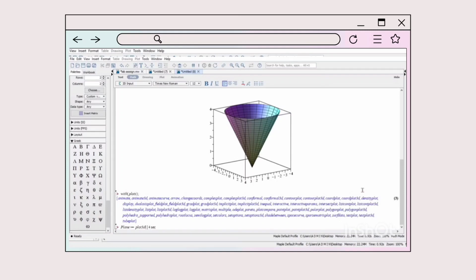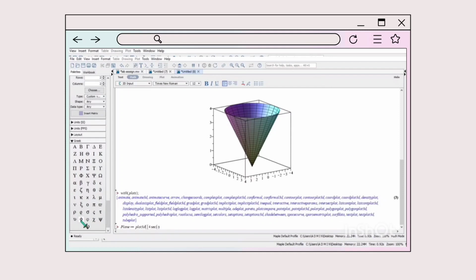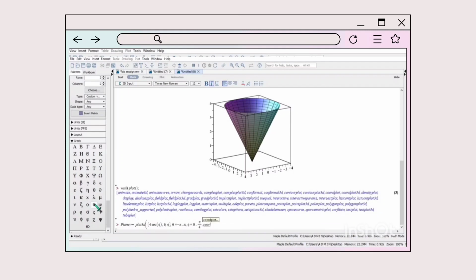The command is plot3d([4 sec(phi), theta, phi]), then set theta from the range negative pi until pi, and phi from 0 to pi over 4. Then the coords is spherical, the same as the cones earlier.